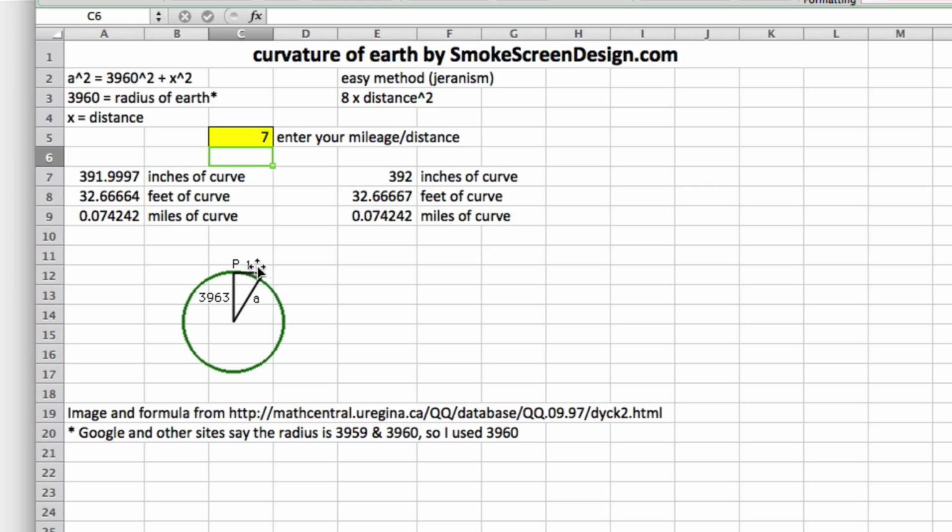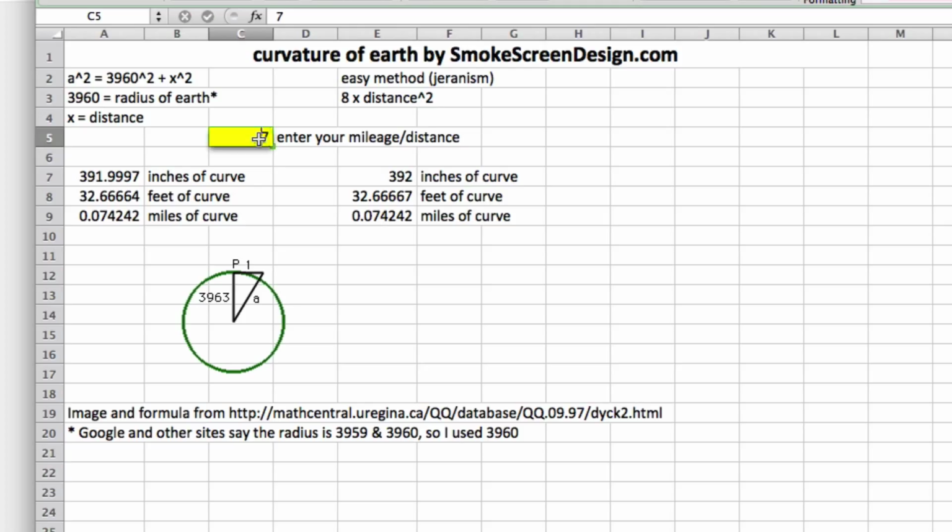So for the ship going out here, if we draw a line to that, then we subtract the radius, which takes us up to the curve. Subtract the radius from this line here, and that gives us the feet of curve, or inches, or miles. So if that was 7 miles out, then that would be 33 feet of curve.